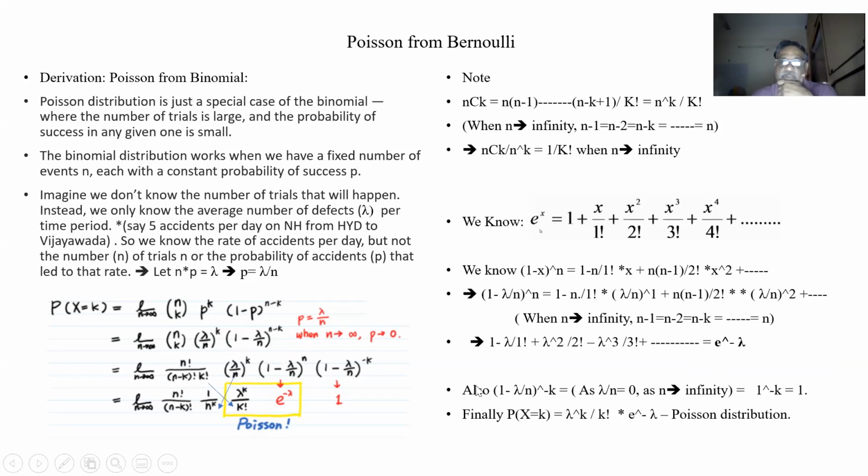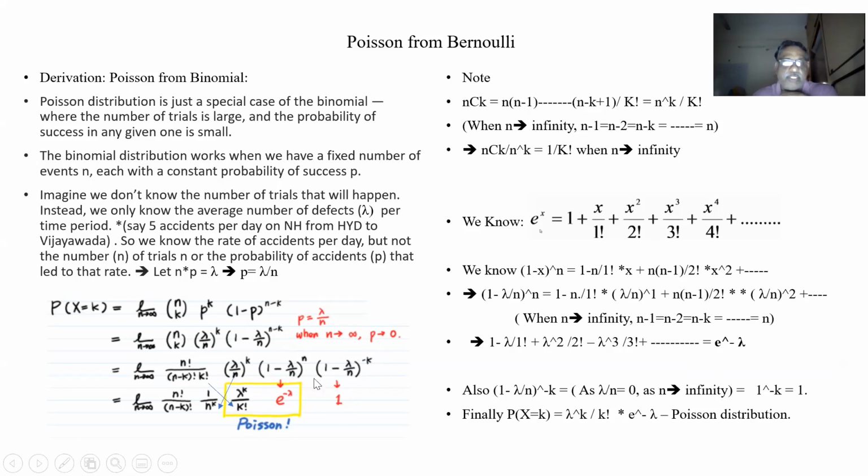This is converted to this. How we got it, we'll understand. Let us say if n is infinity, lambda by n becomes 0. So 1 to the power of k, 1 by 1 to the power of k is 1. So this factor became 1.